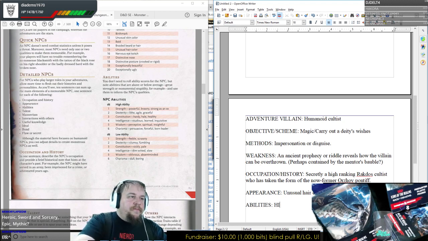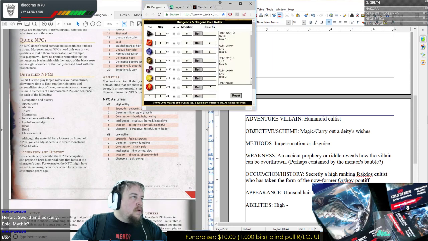Abilities. High is going to be a D6, yes. 2.